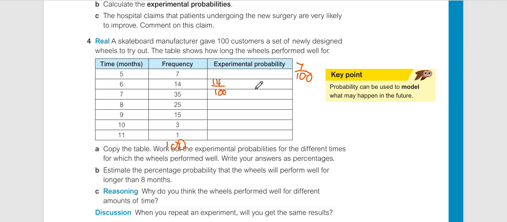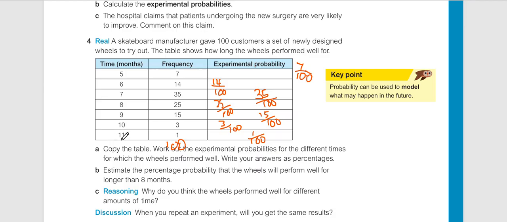Then 7 months, it's 35 upon 100. Then 8 months, it's 25 upon 100. Then 9 months, 15 upon 100. Then 10 months, 3 upon 100, and for 11 months it's 1 upon 100. Right.